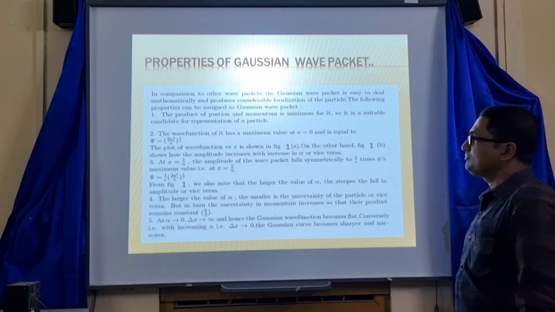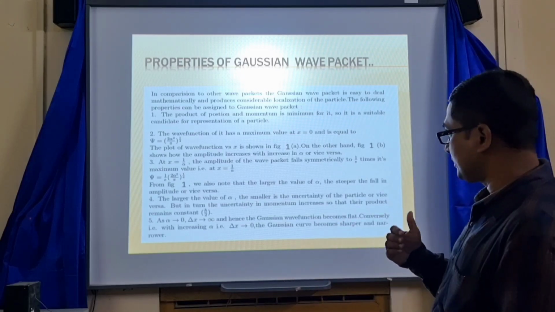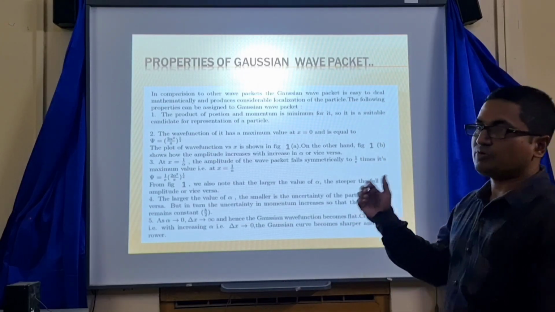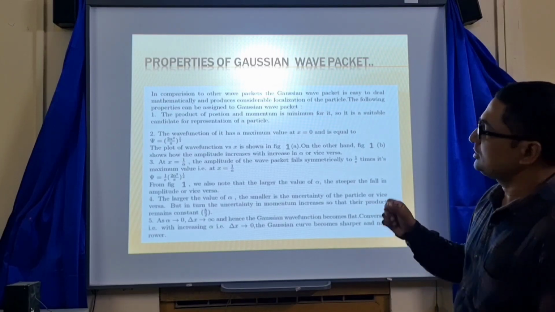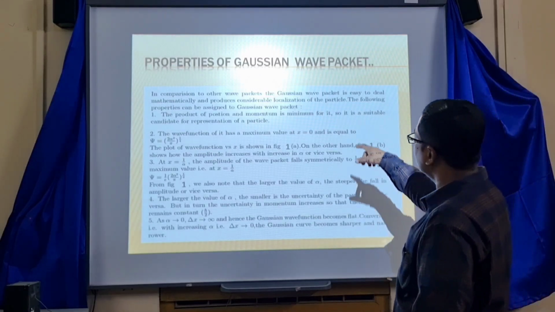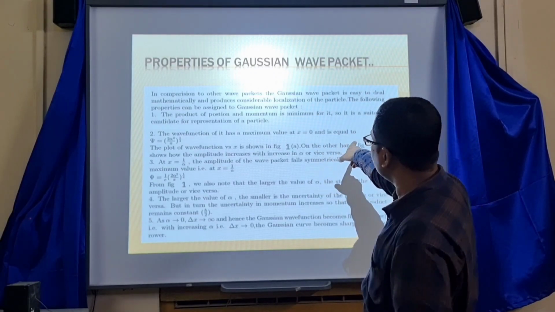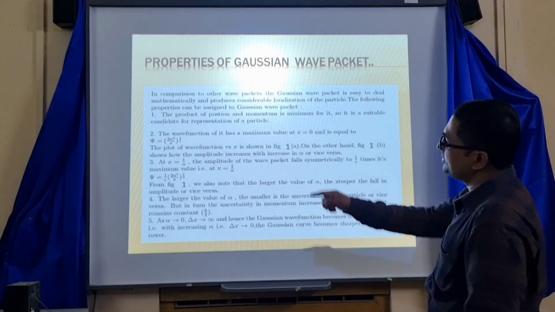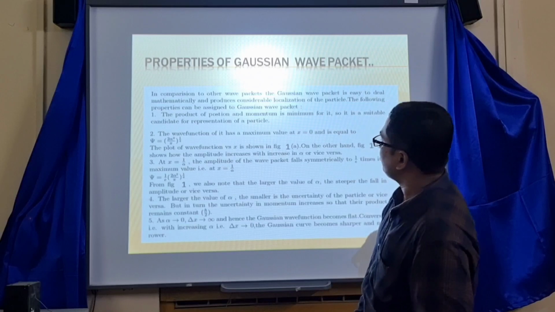In comparison to other wave packets, the Gaussian wave packet is easy to understand, or you can say there is mathematical convenience, because it gives the product of minimum uncertainty in both position and momentum. This is number one. The second is that it has the maximum value at x equal to 0, as depicted in figure 1, and its value is given by psi equal to 2 alpha square by pi to the power 1 by 4.